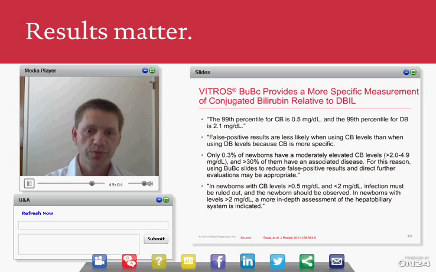So the 99th percentile for the conjugated bilirubin method was determined to be 0.5 milligrams per deciliter versus 2.1 for the D-bill method. And here's a quote from the authors: "False positive results are less likely when using conjugated bilirubin than when using direct bilirubin levels, because the conjugated bilirubin measurement is more specific.